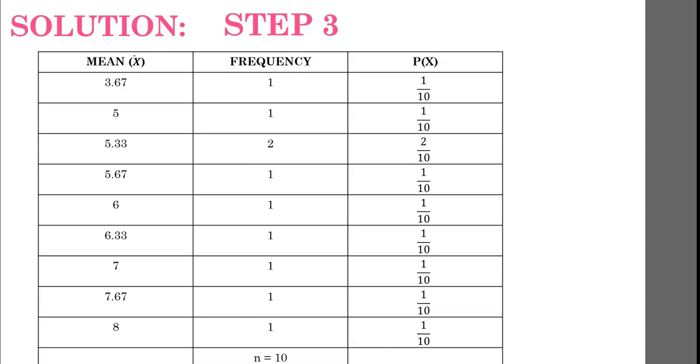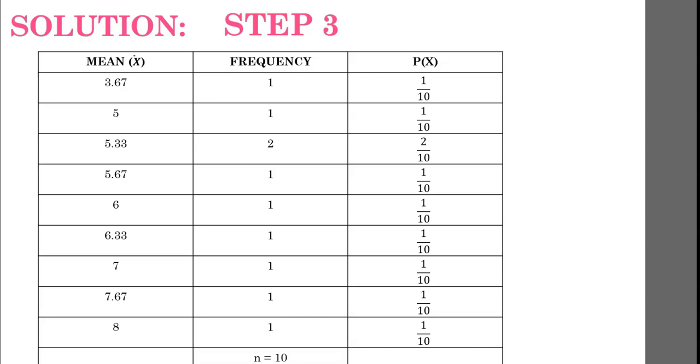Now for the probability, we're going to count how many 3.67 appears out of the 10 samples. So the probability of having 3.67 as a mean in our samples is 1/10, 1 out of 10. Now having the 5 is 1 out of 10.